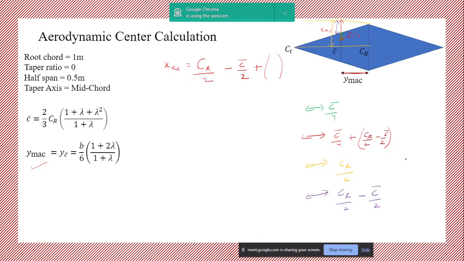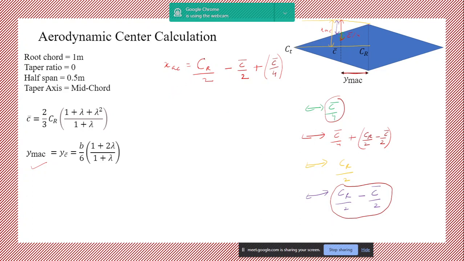Correct? This quantity plus this quantity. So here it will be C bar by 4. Okay, so let's just simplify.